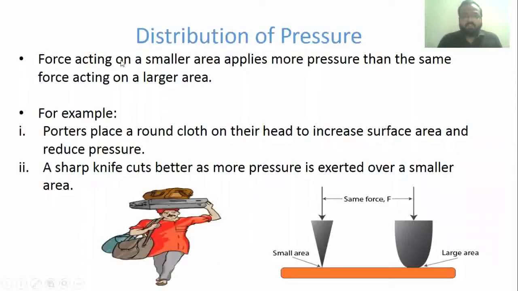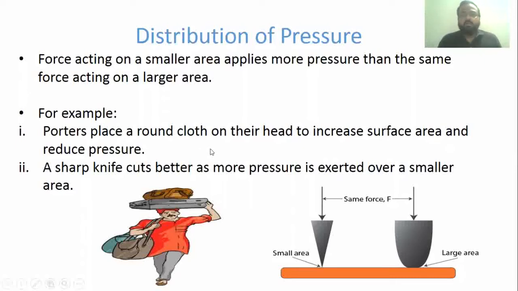Now, our next topic is distribution of pressure. Force acting on a smaller area applies more pressure than the same force acting on a larger area. For example, potters place a round cloth on their head to increase surface area and reduce pressure.